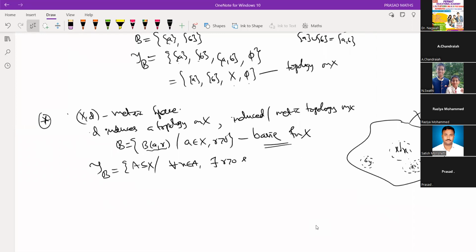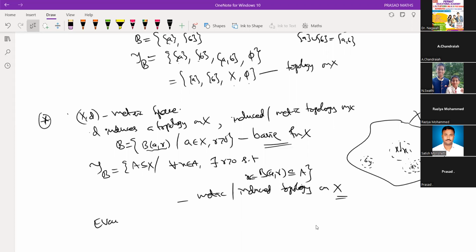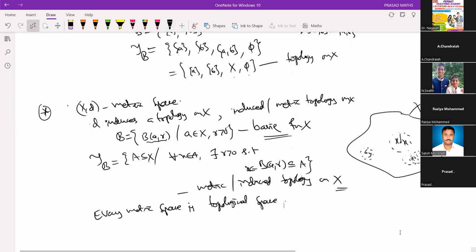It is an open ball centered at x, containing x and contained in A. So this is nothing but the metric topology or induced topology on the metric space X. That means every metric space is a topological space.